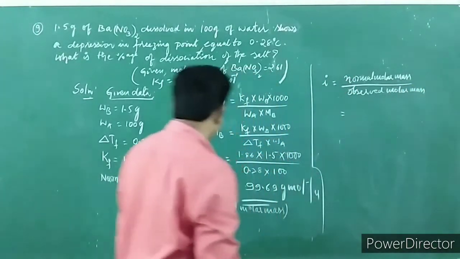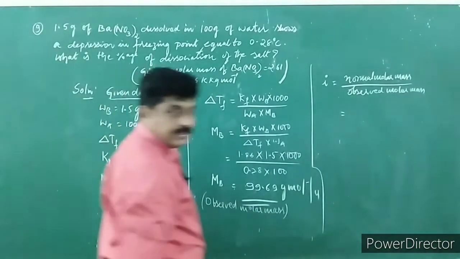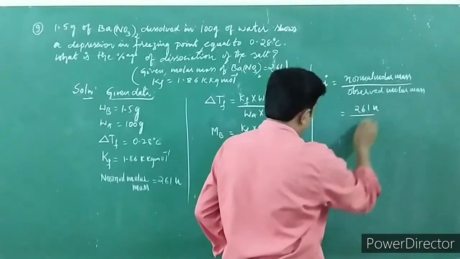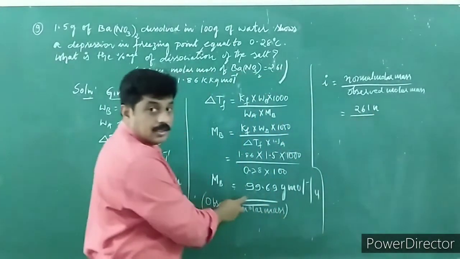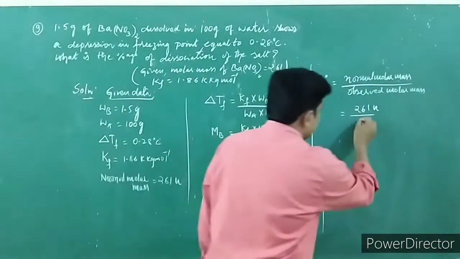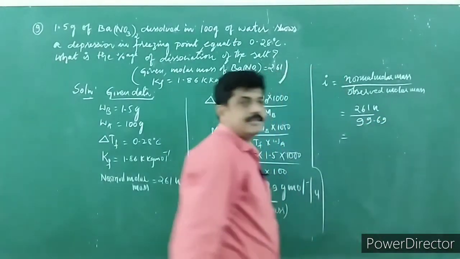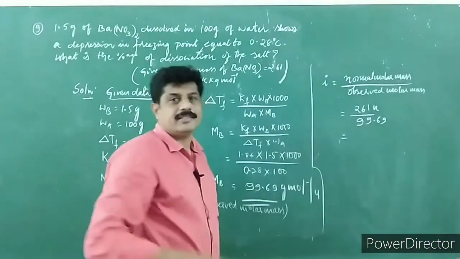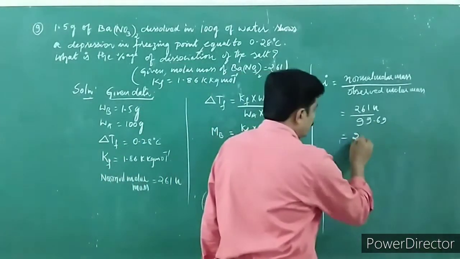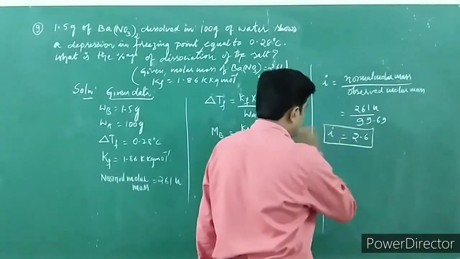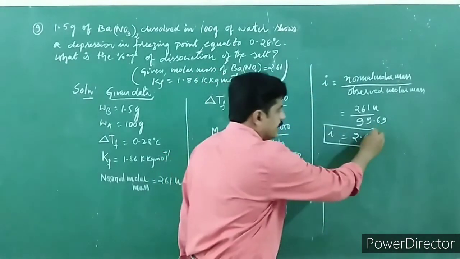What is the normal molar mass here? It is equal to 261 u, upon observed molar mass, it is 99.69. Children, if you solve this, you are going to get 2.61. That means i is equal to 2.61.